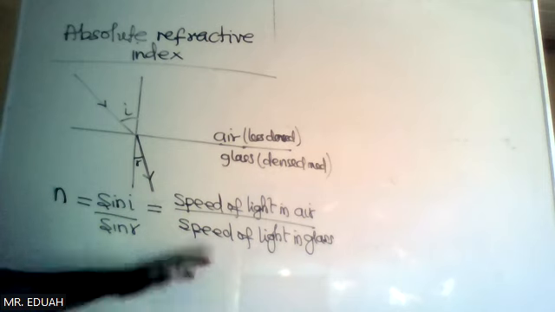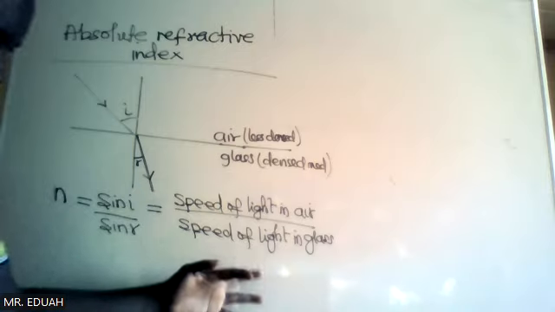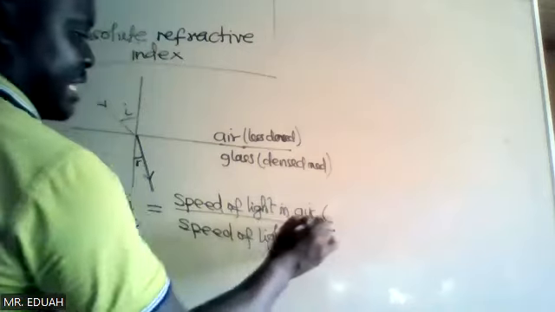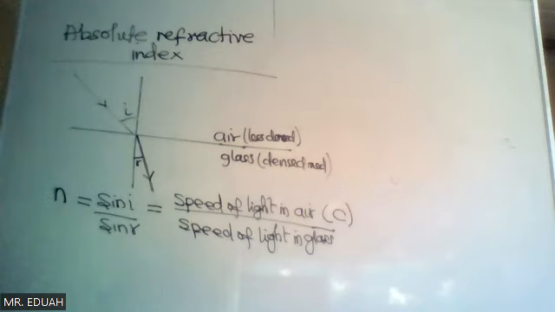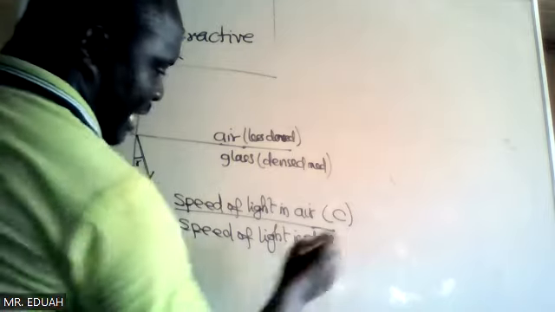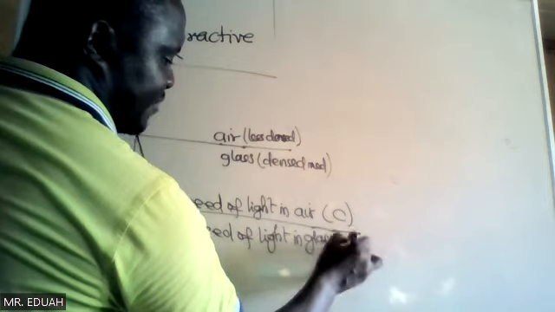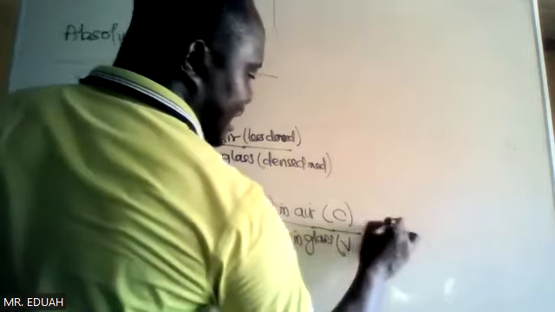Over here, we are expressing the refractive index in terms of speed. So we say the speed of light in air is denoted as c. So under geometric optics, when you see c, we are referring to the speed of light in air. Then the speed of light in a material is indicated as v.